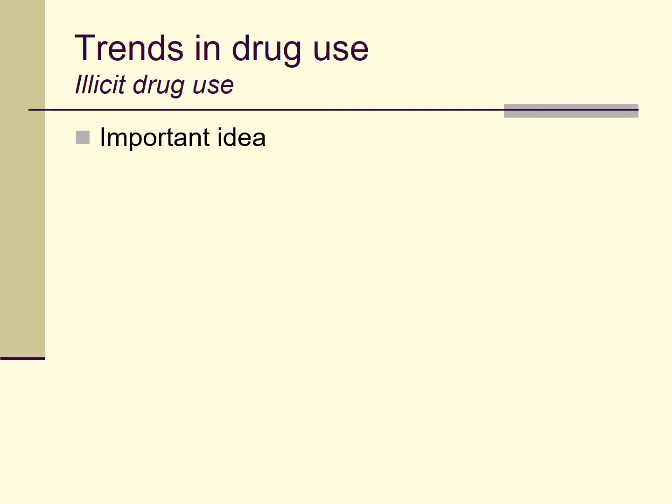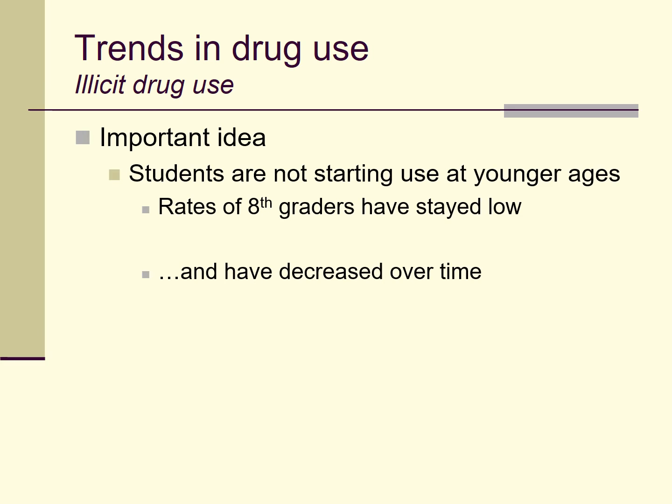A related important idea is that there doesn't seem to be a lot of evidence that students are using drugs at younger and younger ages. Again, it's been my impression over the years, or at least I think I've seen over the years, sometimes concerned news reporting or commentary suggesting that kids are using drugs at younger and younger ages. This just doesn't seem to be the case, at least based on the data from the Monitoring the Future survey research.